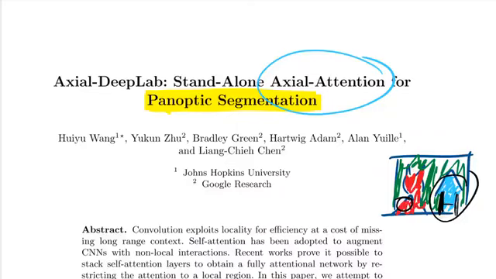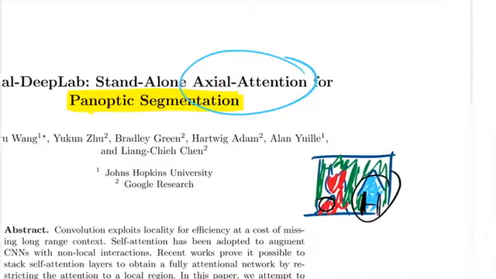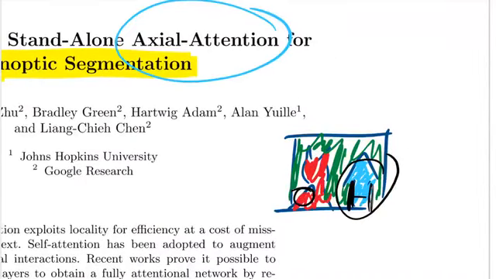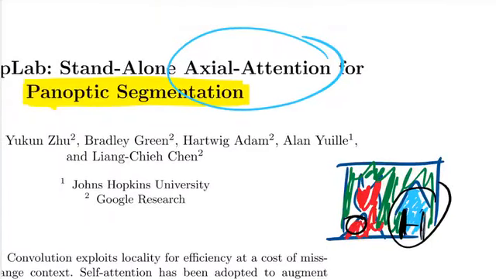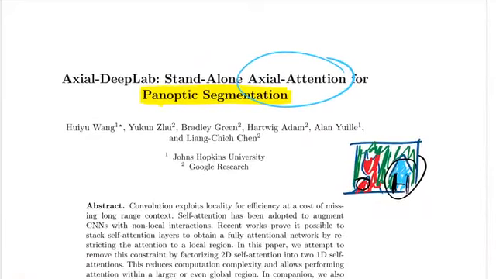The combination of axial attention and these learned positional embeddings allows them to replace the ResNet backbone that usually is found in panoptic segmentation models with standalone attention. So they build models that partially replace the convolutions with attention modules, or replace them entirely. The entire model is going to be just an attention model, so no more convolutions in it.